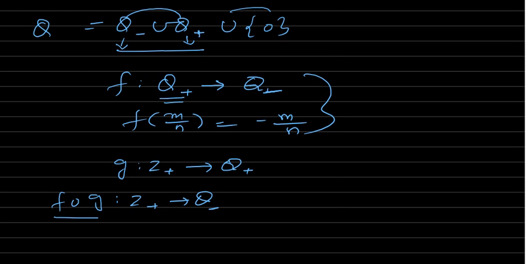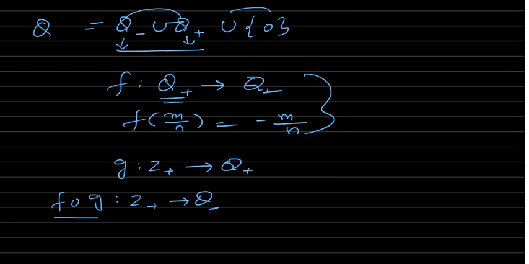So Q plus is countably infinite, Q minus is also countably infinite. So both are countable sets, and 0 is also a countable set, a finite set, and Q, the set of rationals, is the union of these three countable sets. So we prove a theorem that a countable union of countable sets is again a countable set, and from this we conclude that the set of rationals is a countable set.